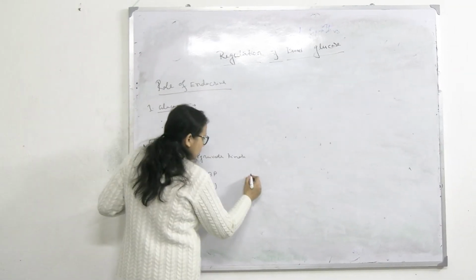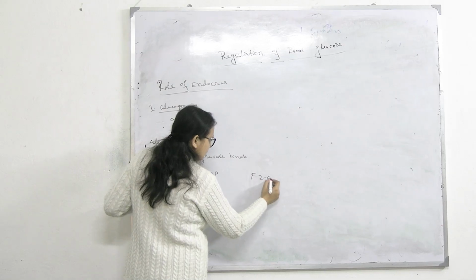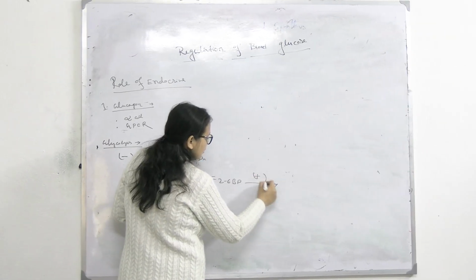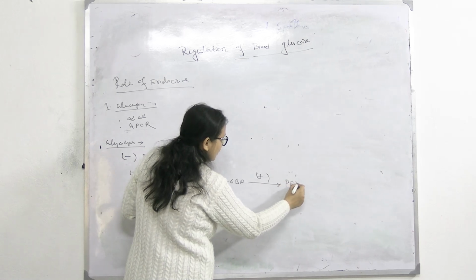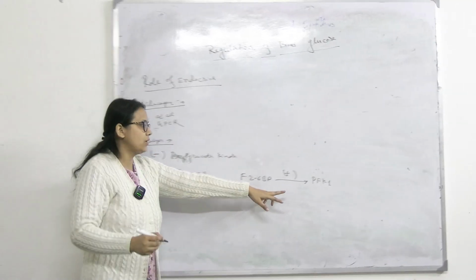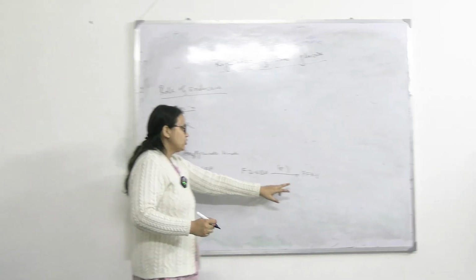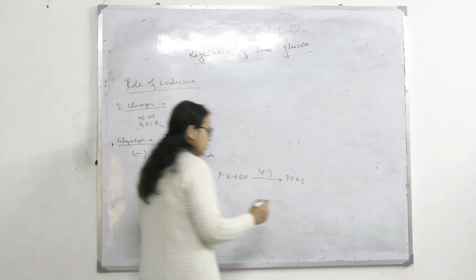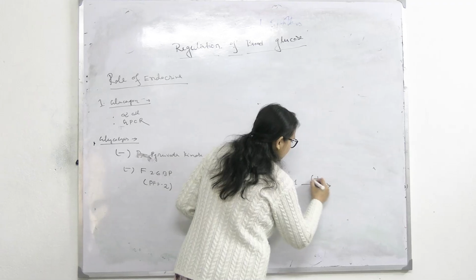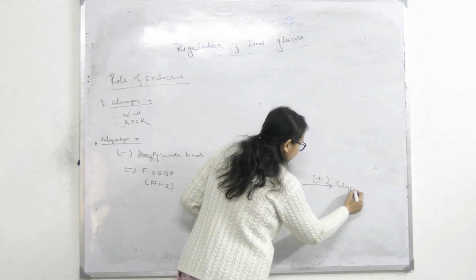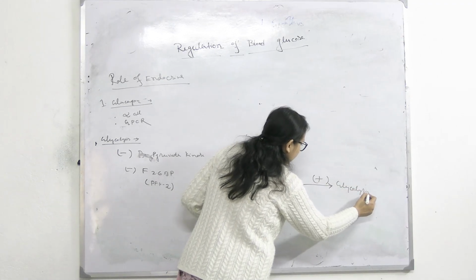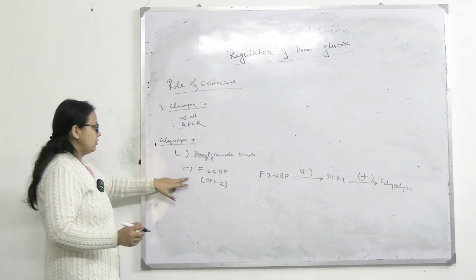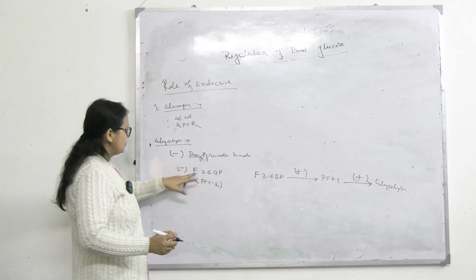Now fructose 2,6-bisphosphate activates phosphofructokinase 1. Phosphofructokinase 1 is an enzyme of glycolysis. So activation of phosphofructokinase 1 means activation of glycolysis. So what does glucagon do?